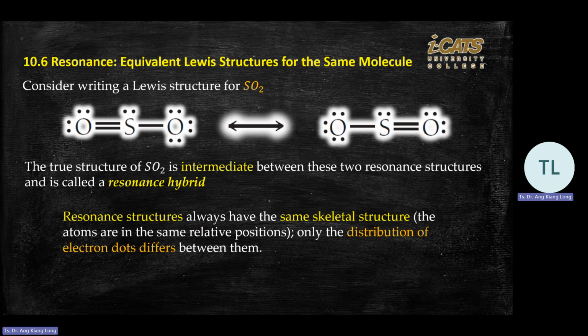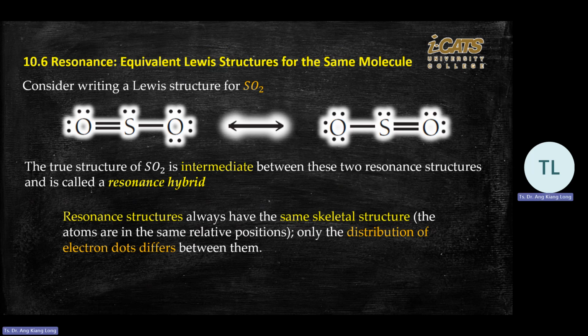Resonance structures have the same skeletal structures. However, the distribution of electron dots is different between them, meaning the valence electrons are different. This is the understanding that you need to have.